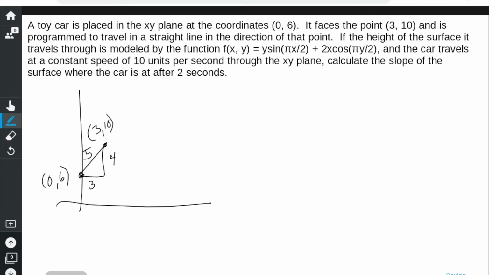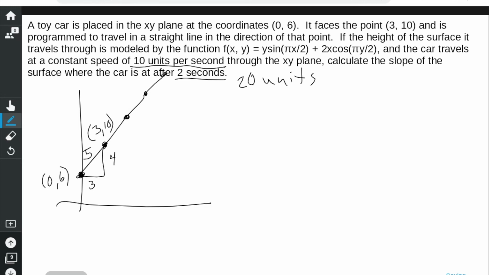We have a constant speed of 10 units per second. When we travel from 0, 6 to 3, 10, we've traveled 5 units. If we did something similar, another 5 units, we'd have traveled for 1 second. We want to travel for 2 seconds, so we need to travel a total of 20 units.